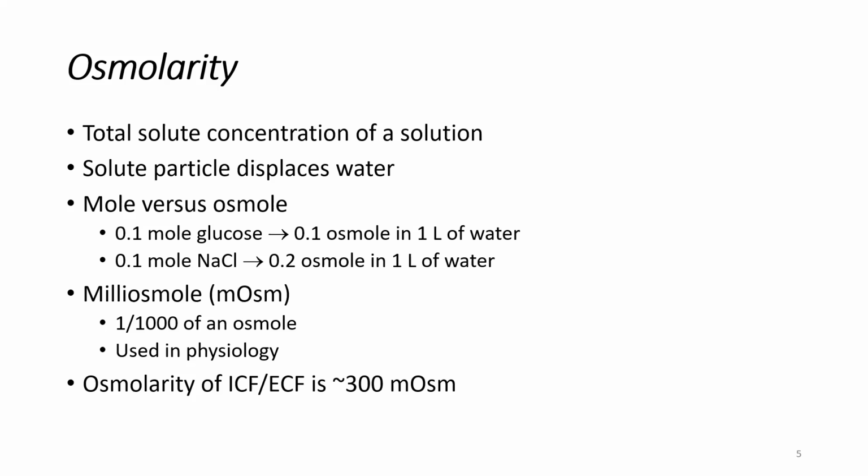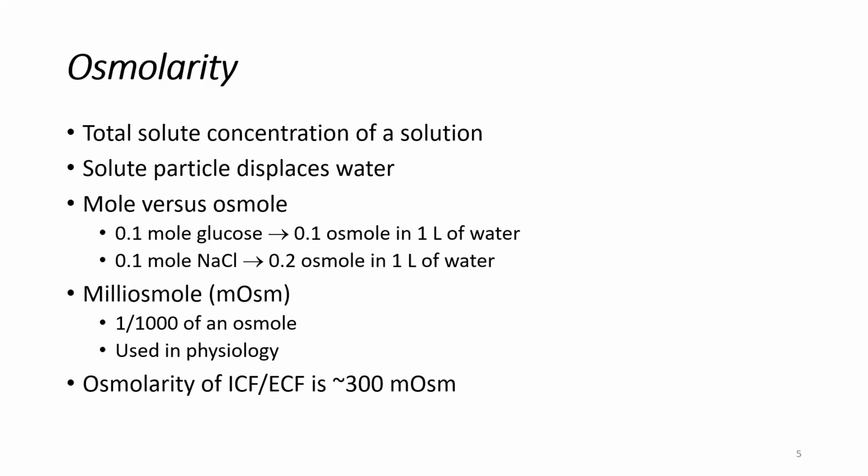And so we're going to see the dissociation of that sodium chloride into sodium and chloride, which each contribute to the osmolarity of that overall solution, okay? So really just to highlight here that the osmolarity differs from the mole because it's the total solute concentration dissolved in water.